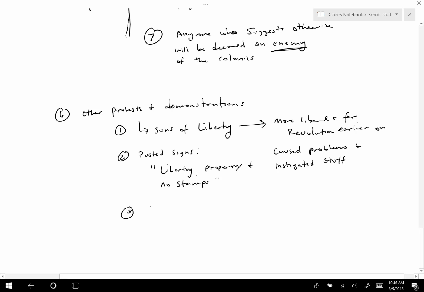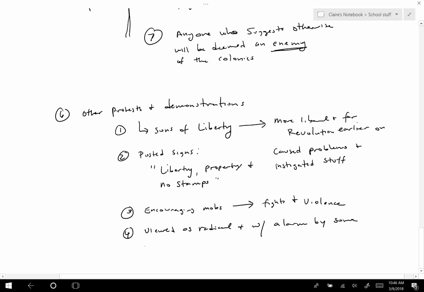So they ended up, like I said, encouraging mobs, which did lead to fights and violence. Not insane amounts, but still there, and they were viewed as radical and with alarm by some elite. In Boston, this is where it was largely taking place, why Boston?